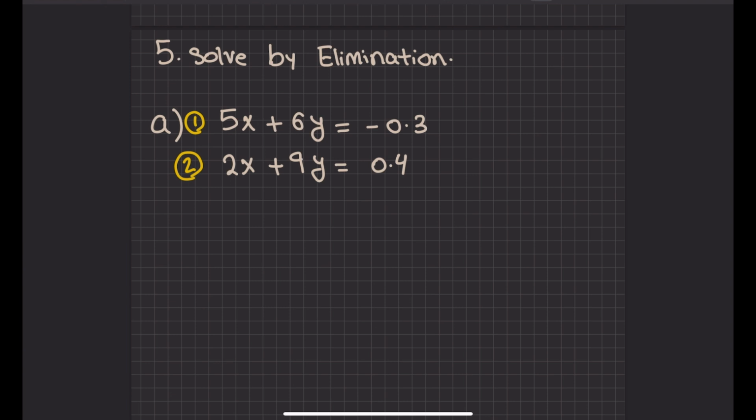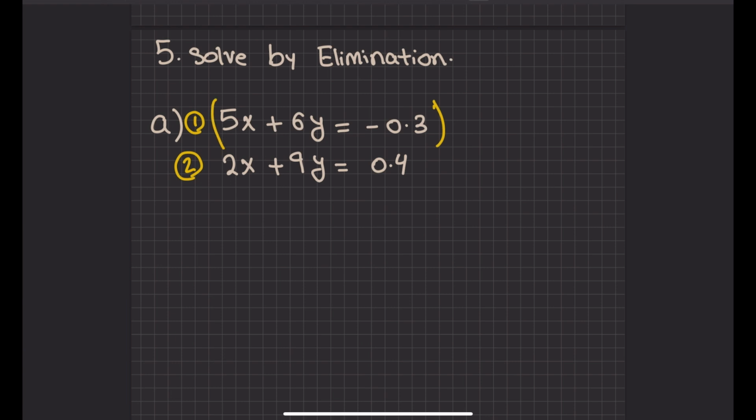So you have to make one of them negative, and also none of the variables have a common number. So you have to multiply one of them by a negative number to make a common number, so that you can use addition to get rid of one of the variables. I'm going to choose the x one because the common number would be 10. 10 is a good number, easy to deal with.